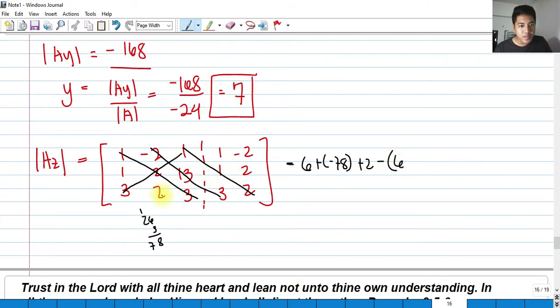Plus 2 times 13, 26 times 1 is plus 26. Then 3 times 1 times negative 2 is negative 6.